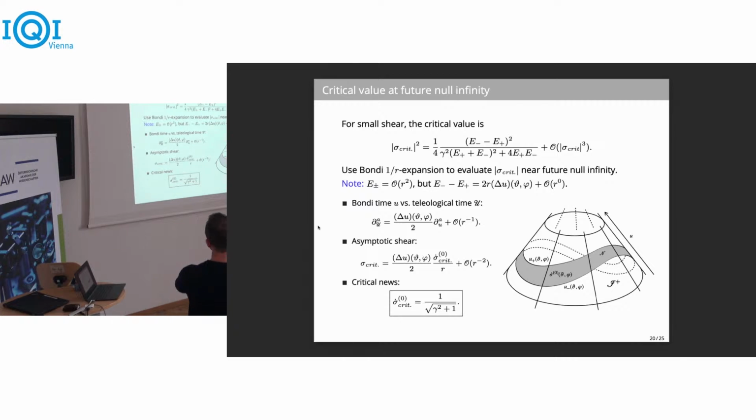And what we then have to do is to relate the variables that we introduced to the standard ones that people use in the asymptotic quantization of general relativity.